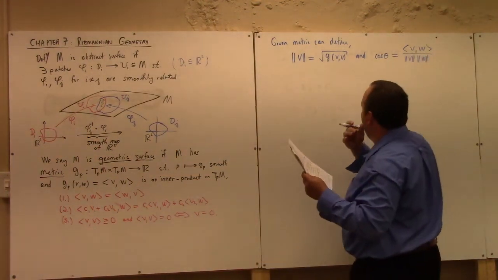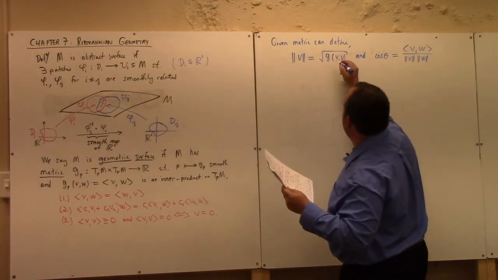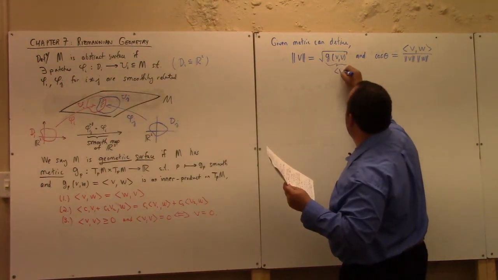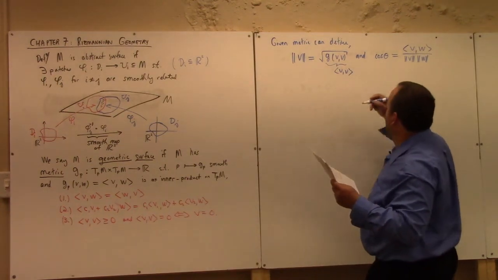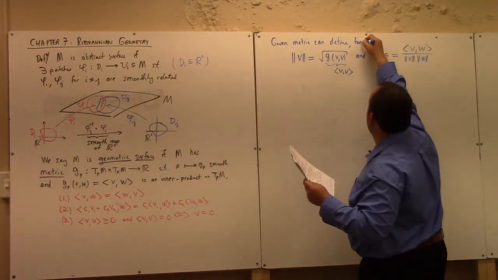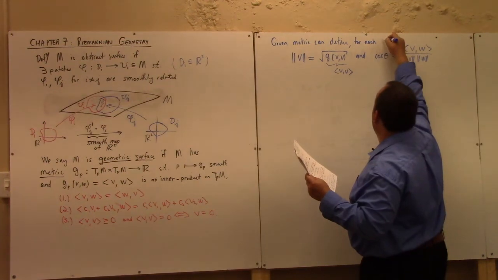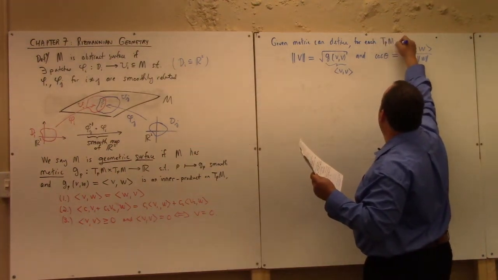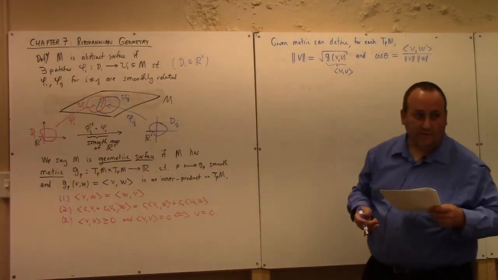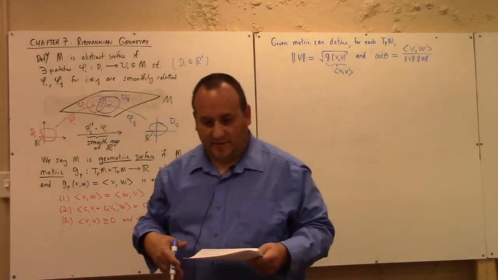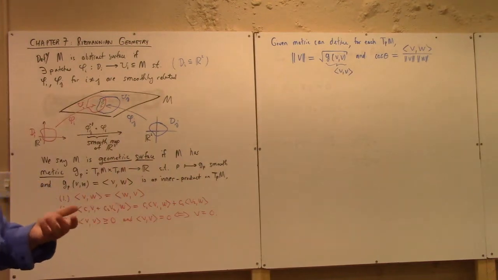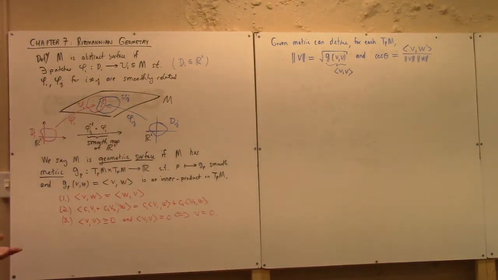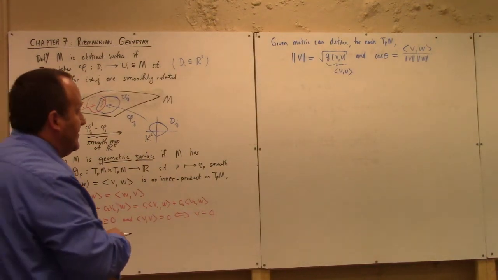I can either write this or I can write it with the inner product, and this is for each tangent space T_pM. So here I'm assuming that V and W are tangent vectors in a particular tangent space to the surface. And for those two particular tangent vectors, we can define the length of the vector, and we can calculate the angle between them using the metric like this.